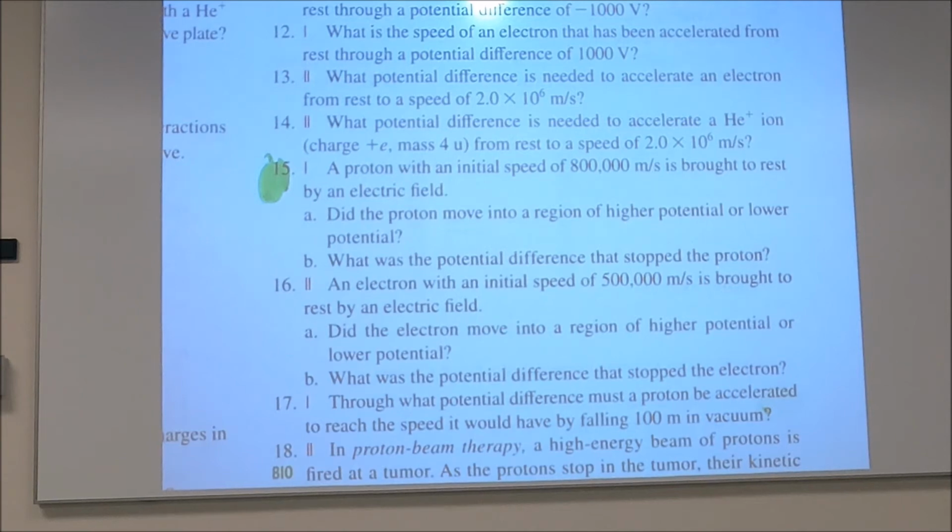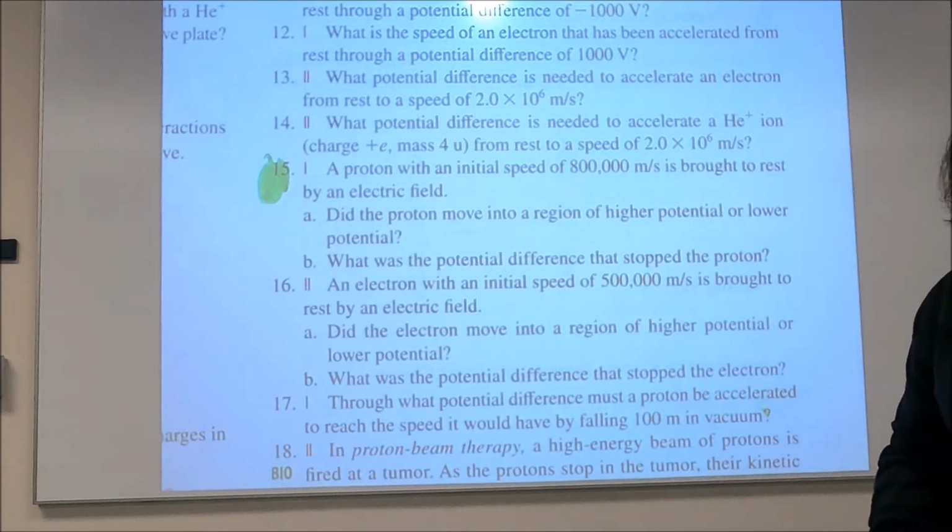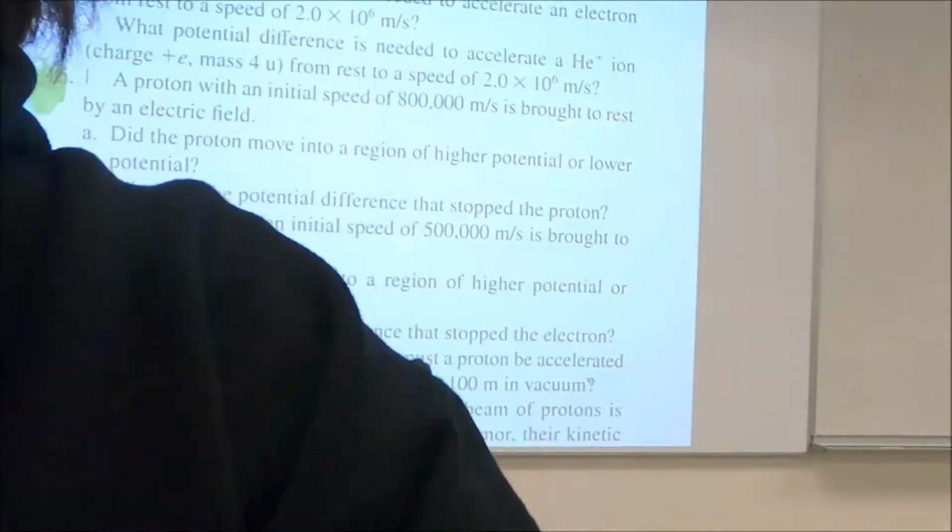Let's look at these two. It says, what is the speed of a proton that is accelerated from rest through a potential difference of minus 1,000 volts? Get the board clean here so we have some room to work. Okay, guys.